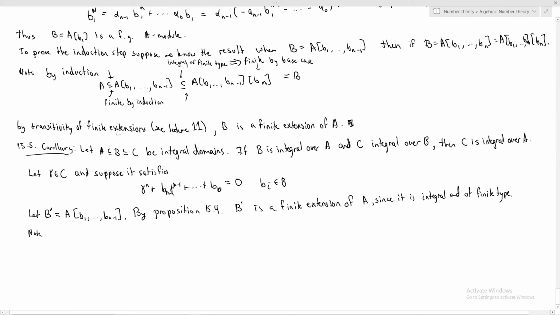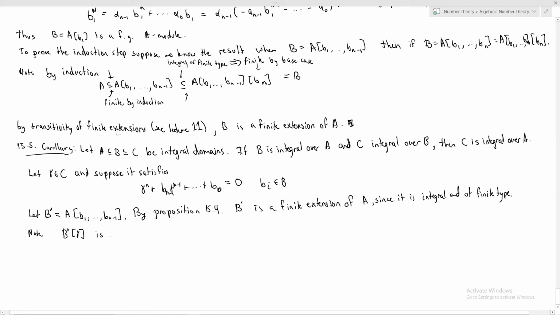Well, note the following. What happens when I do B prime adjoin gamma? This is finitely generated. Okay, so I'm going to apply proposition 15.4 again.